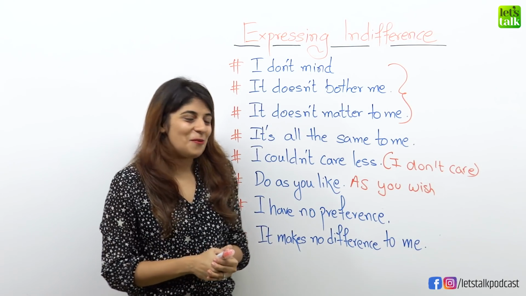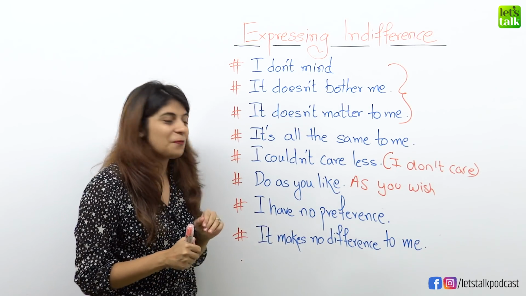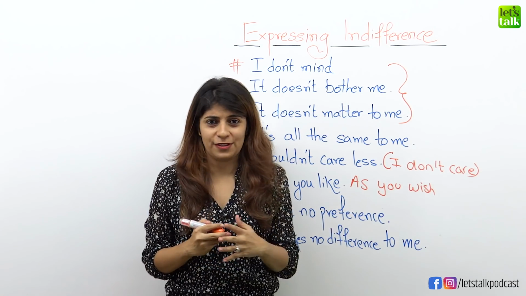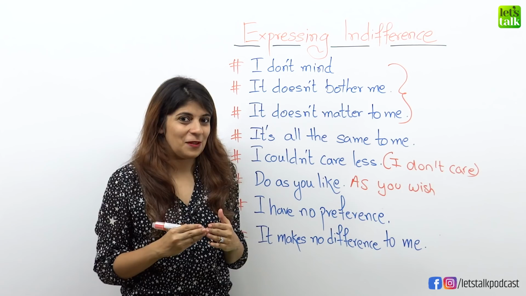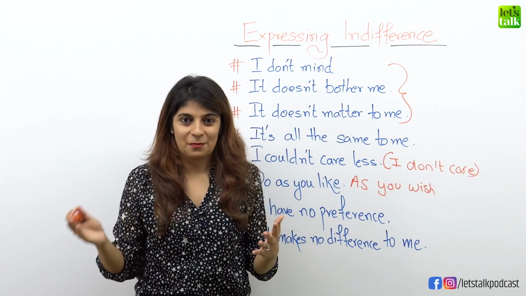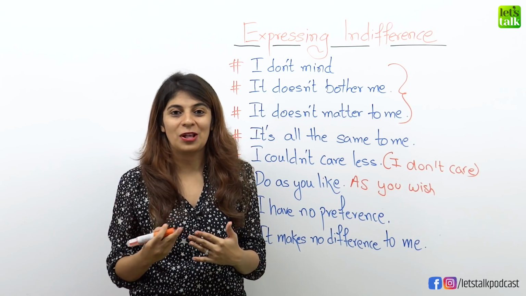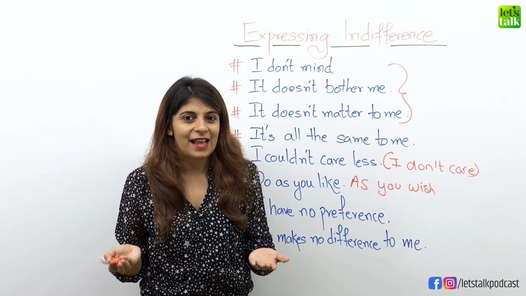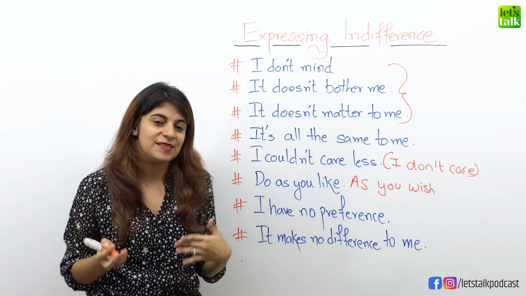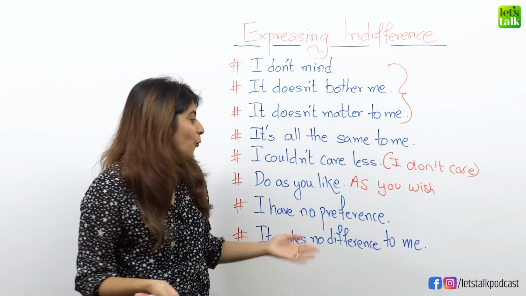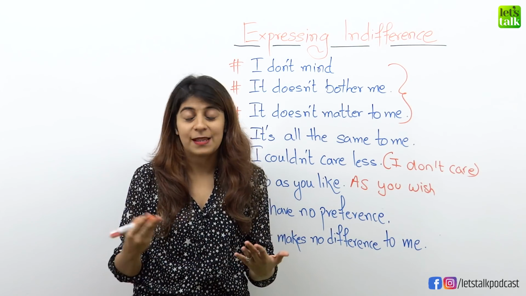Right? Moving on to the seventh expression that I have for you, which is I have no preference. Now, many people are very particular about asking people's preference. Like you go to someone's house and they offer you a drink. So they ask you, hey, would you like to have some iced tea, or would you like to have some soda, or would you like to have some wine?